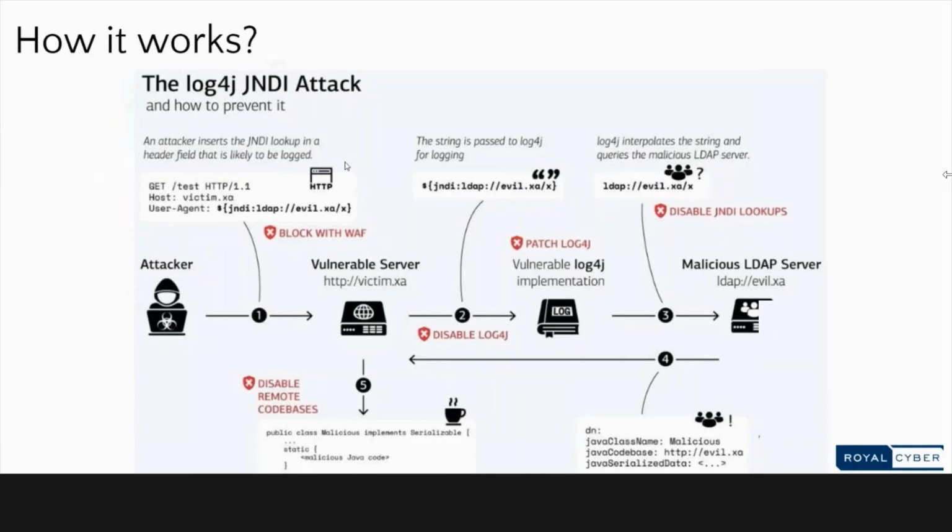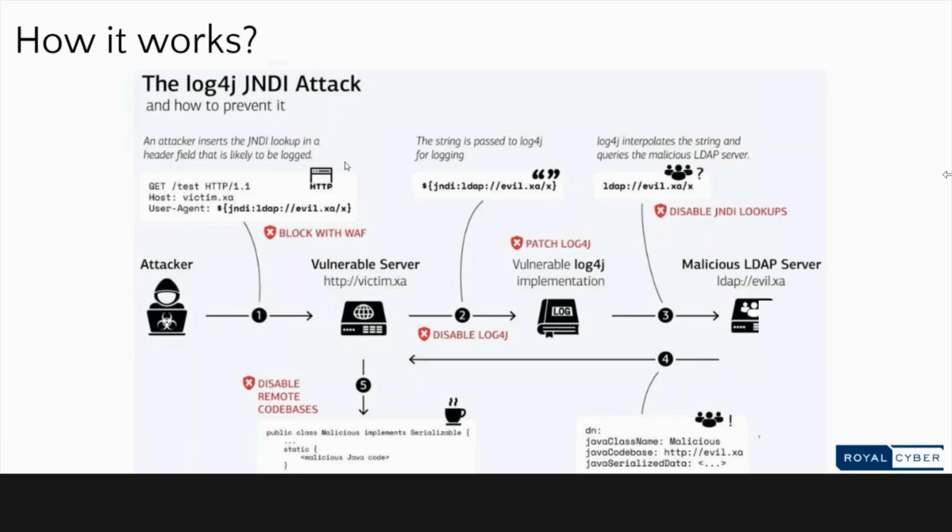And how this entire JNDI attack works is simple. The very first step is that the attacker inserts the JNDI lookup in a header field, which is likely to be logged by the vulnerable server. That's the very first step. Then secondly, the string is passed to Log4j for logging, because that's what Log4j is supposed to do.